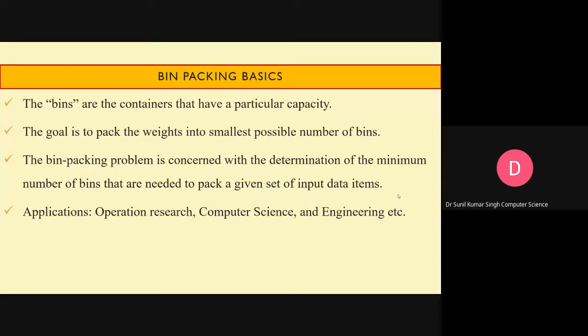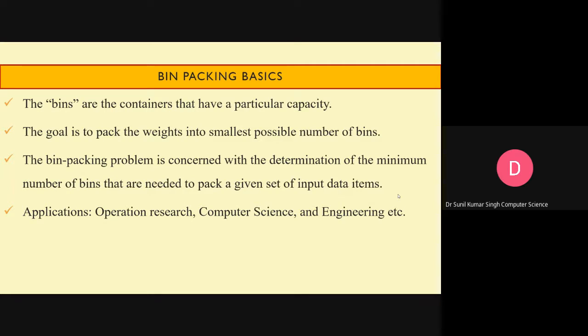The bins are the containers that have a particular capacity. Whatever container you have, it will have some specified capacity. And what is the objective behind this bin packing algorithm? We have to pack the items in such a manner that we use the minimum number of containers, the minimum number of bins.